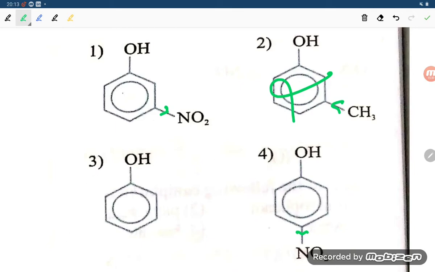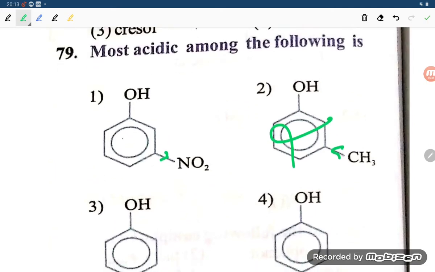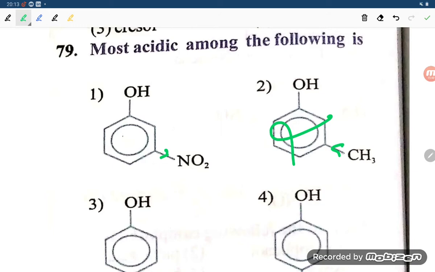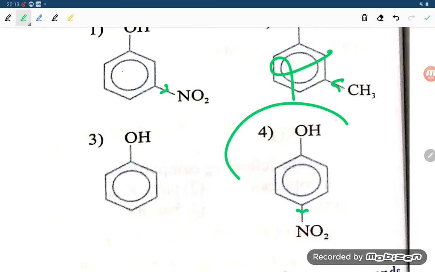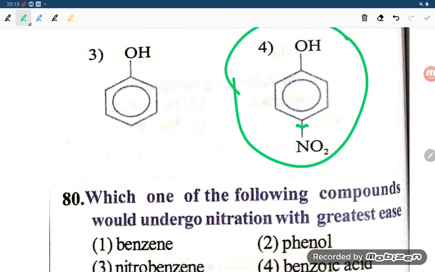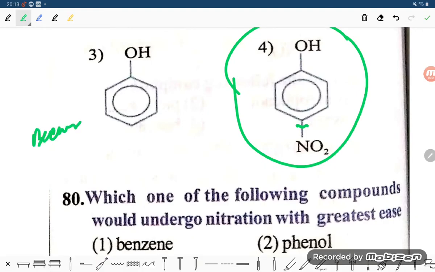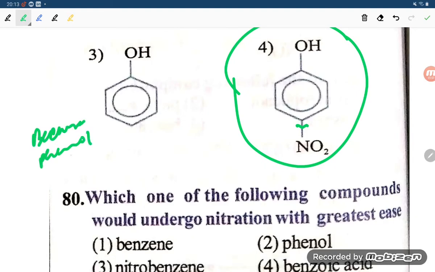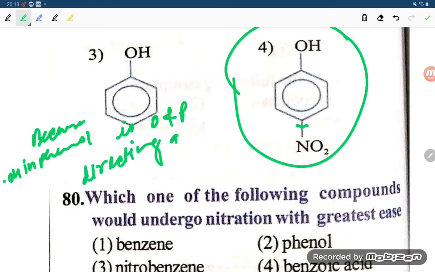So out of these two, the OH group is ortho-para directing, student. So the correct option is option number 4, because the OH in phenol is an ortho and para directing group.